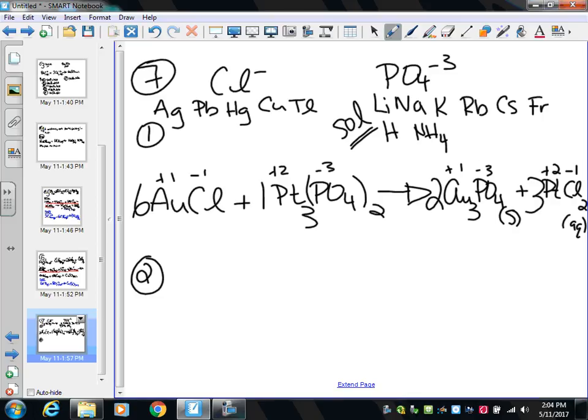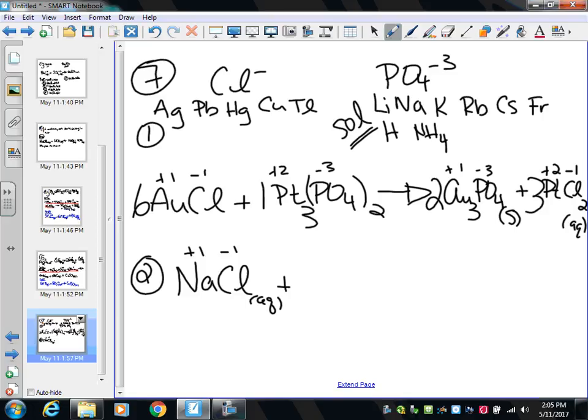Then what am I going to attach with my chlorine? Could be anything. I'm going to go easy. I'm going to go sodium, just so that we know this. Okay, +1, -1. This is made aqueous. This time I want to hook it to one of these here, and I don't have anything to buddy it up with, so it's just going to be an ion on its own.